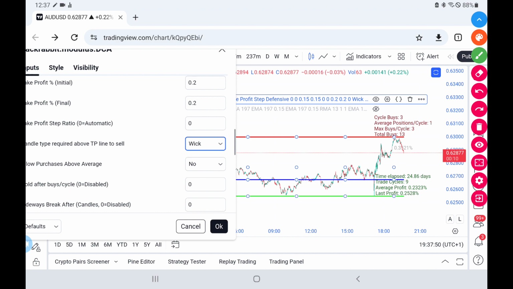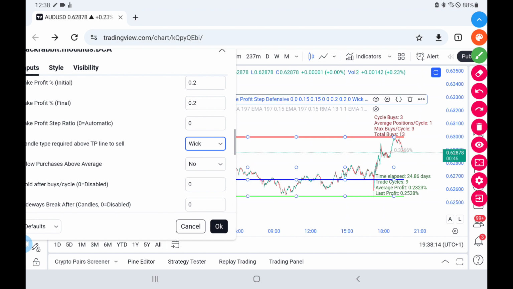And we can see that wick only gave us one additional trade and slightly lowered our average. Now this will be indicative of every single instrument you trade. And based upon how you trade, it may or may not affect your trades.